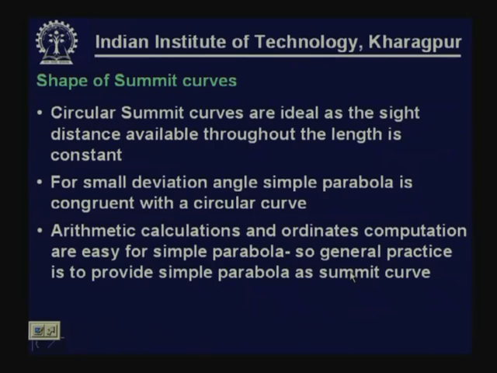Let us talk about the shape of a summit curve. Because for a summit curve the only major consideration is sight distance, the ideal shape is circular, because on a circular curve at every point the available sight distance should be equal. So, that is most preferable, a circular summit curve.